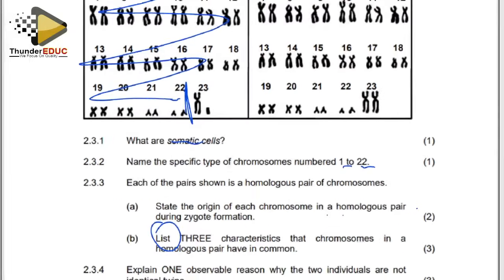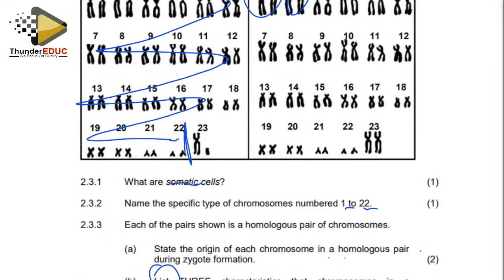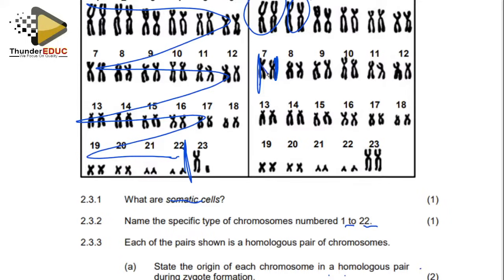We saw it. First of all, they have the same size. Né? They have the same shape, same size. If you look at them, same size. Né? They have the same locus or loci for the genes.